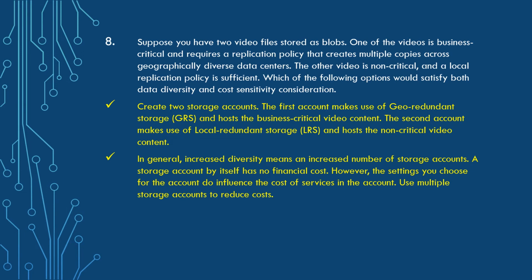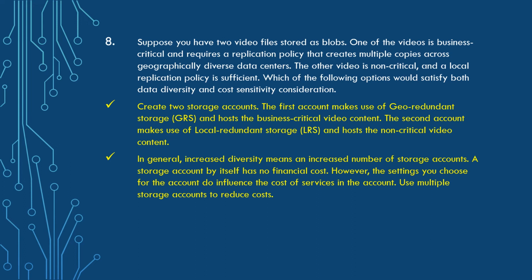The first thing is to create two storage accounts. The first account makes use of geo-redundant storage, that is known as GRS, and hosts the business critical video content. The second account makes use of locally redundant storage, that is known as LRS, and hosts the non-critical video content.